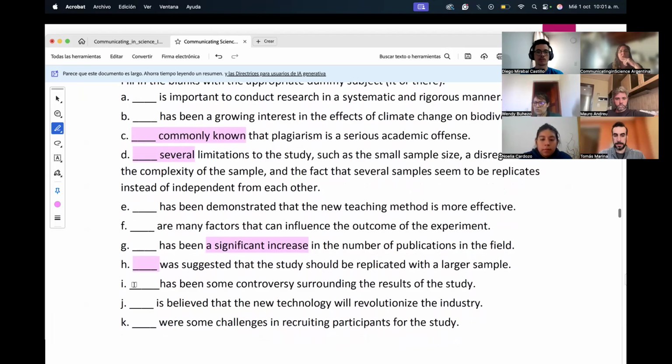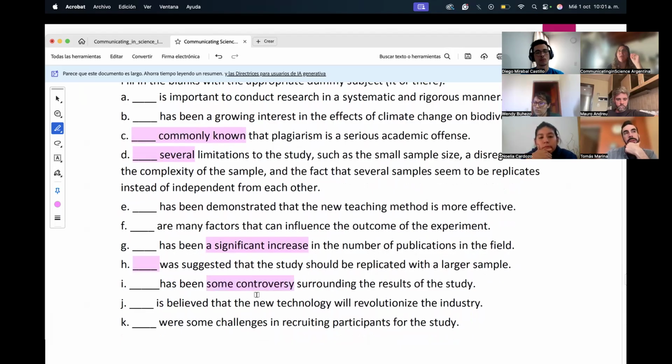Okay, do you see a noun here? No. Controversy, controversia. That's a thing. Even if it's abstract, this is a noun, la controversia.